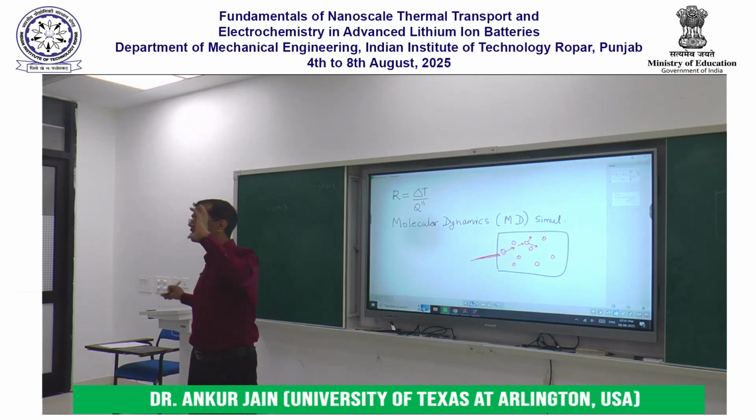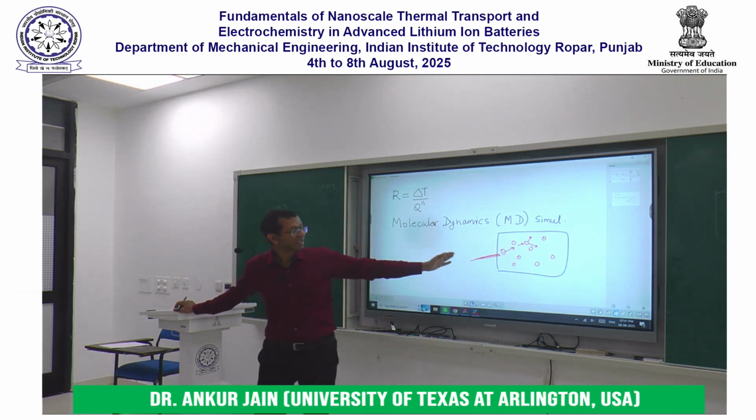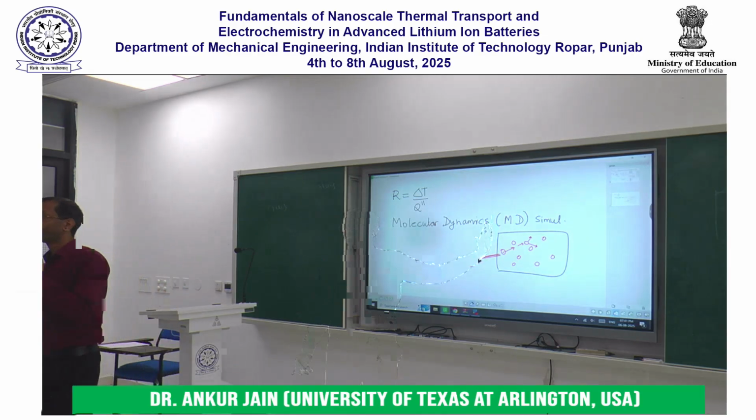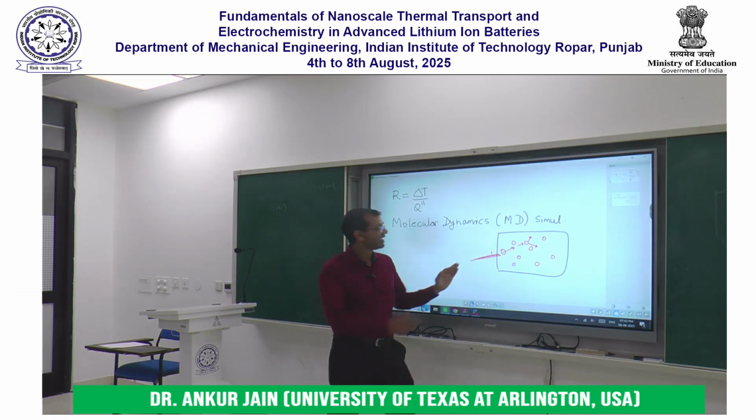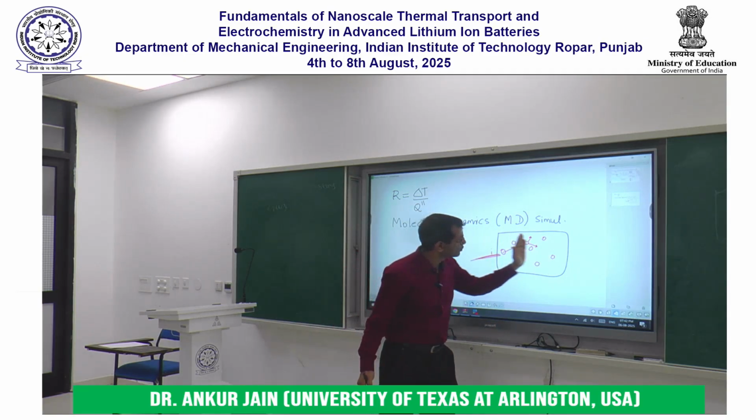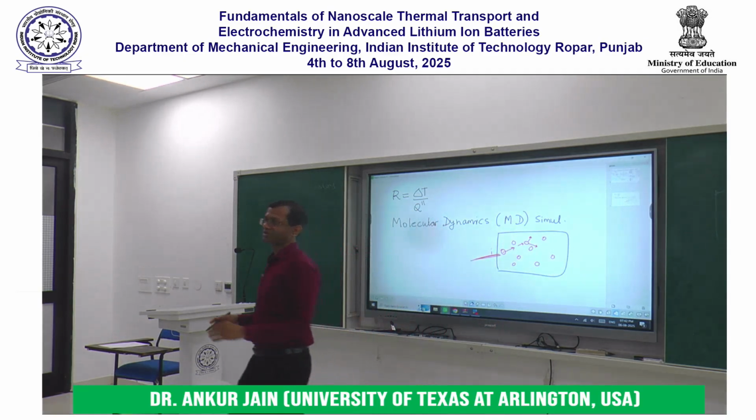Right? From a heat transfer point of view, this process is exactly what happens and is responsible for the flow of heat. This side is at a high temperature and that side is at a low temperature, but as time passes, the heat flows from the hot side to the cold side.